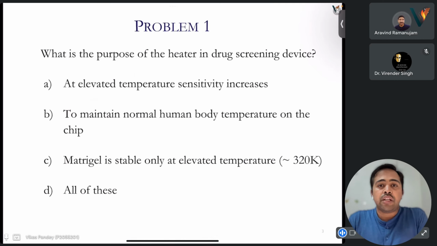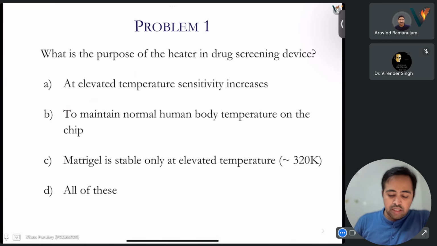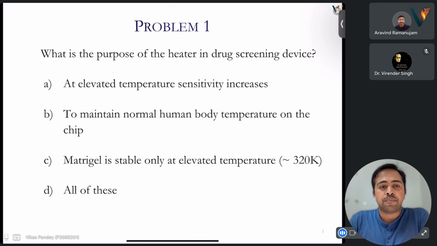What is the purpose of the heater in a drug screening device? At elevated temperature, sensitivity increases; to maintain normal human body temperature on the chip; material is stable only at elevated temperature; or all of this.